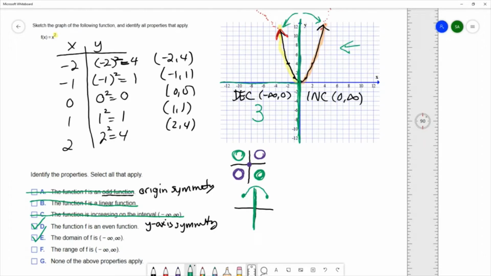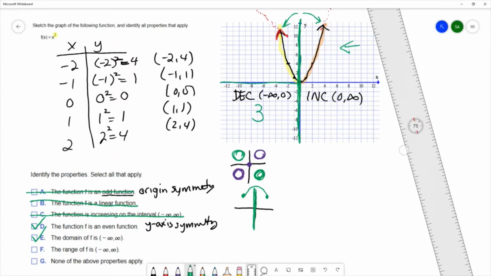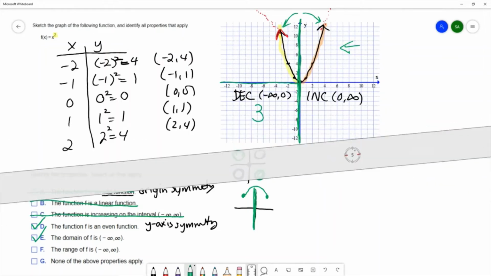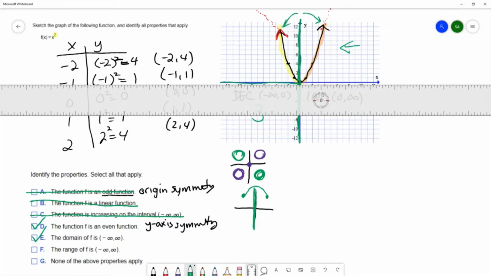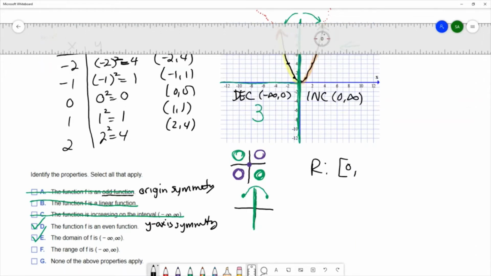The next property says the range is negative infinity to infinity, so I'm going to hold my ruler horizontally and go from bottom to top. The first time I hit the graph wouldn't be until I get to a y value of 0. So for this function, the range starts at 0 and continues on to infinity.